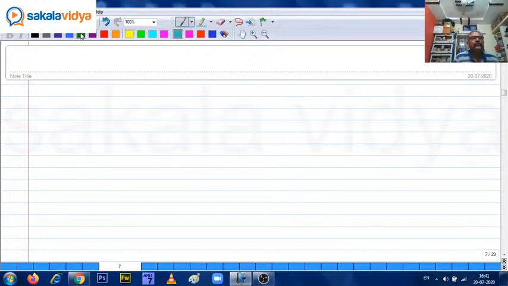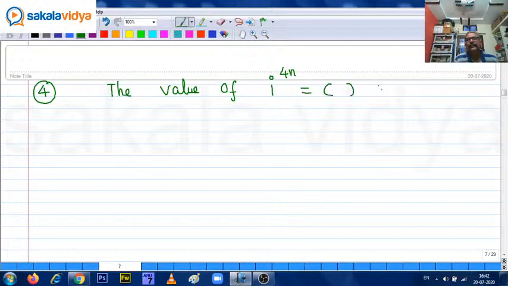So let us go to the fourth example now. The value of I to the power of 4n. Here n belongs to N. That means n is a natural number. What is the value of I to the power of 4n?